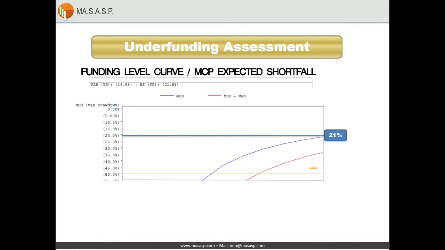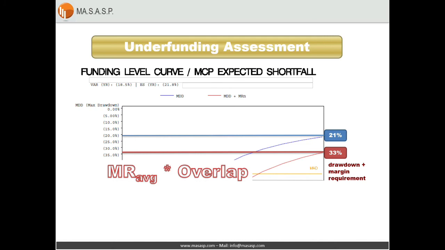Well, in order to turn this estimate into a funding level assessment tool, we just need to add the margin requirement to this drawdown figure. The overall margin requirement, whose abbreviation is MR, is given by the overlap multiplied by the margin requirement on a single contract.